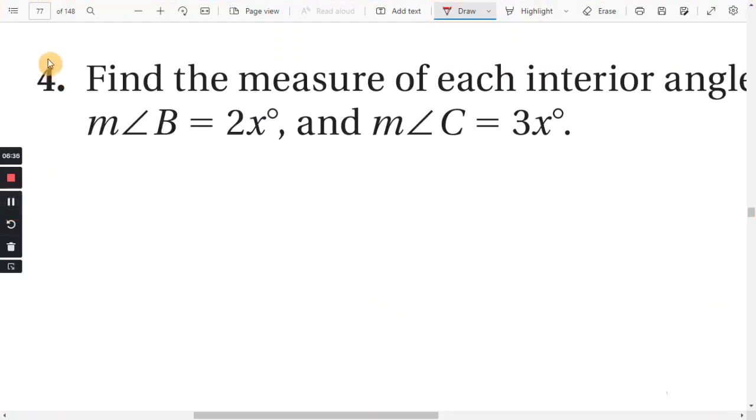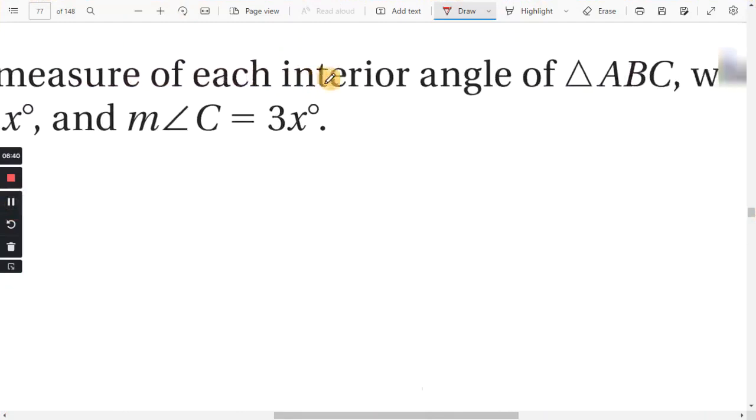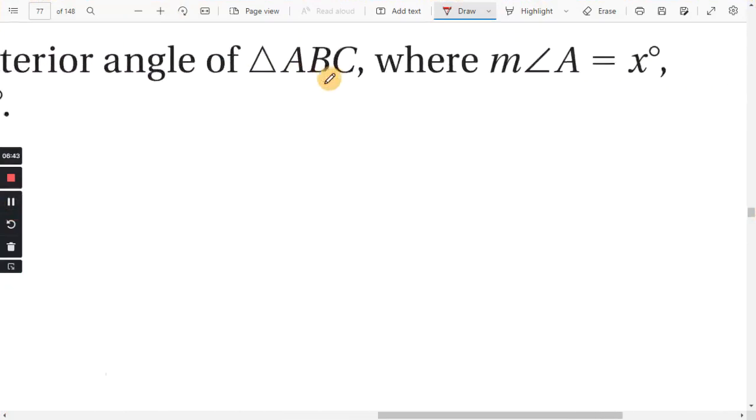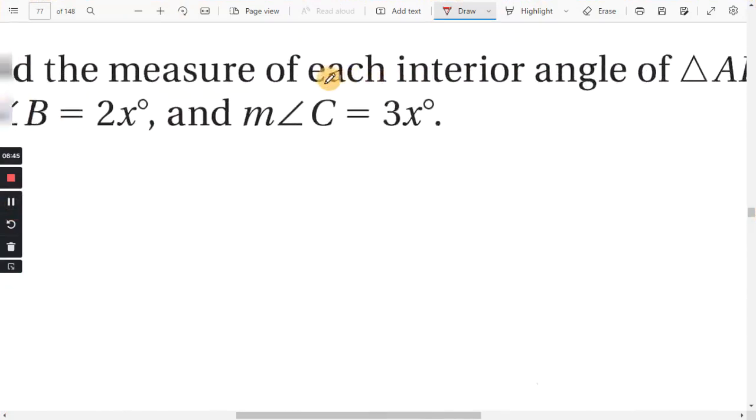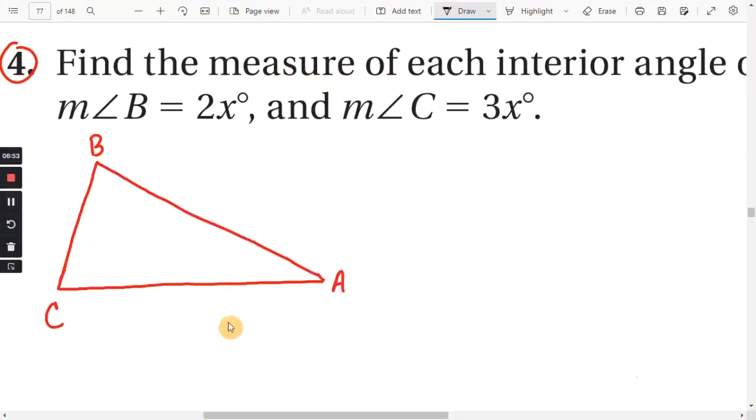Okay, let's try problem 4. It says find the measure of each interior angle of triangle ABC, where angle A is x, angle B is 2x, and angle C is 3x. Okay, so let me draw that real quick. Okay, we have triangle ABC right here.